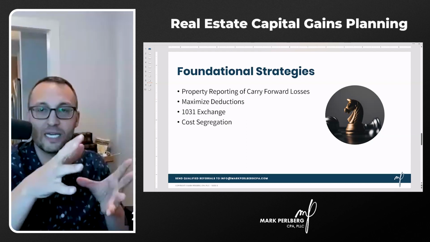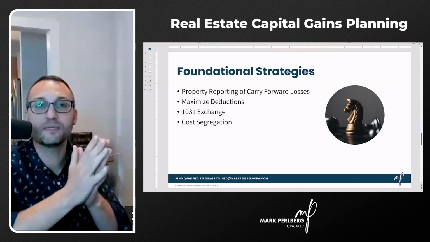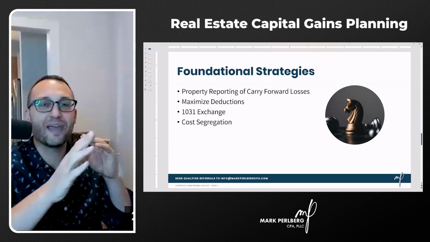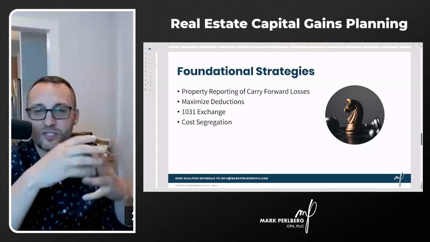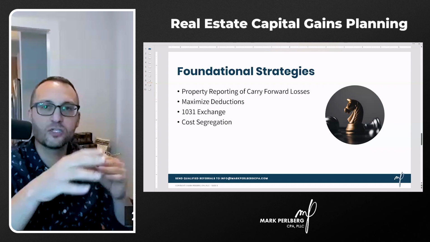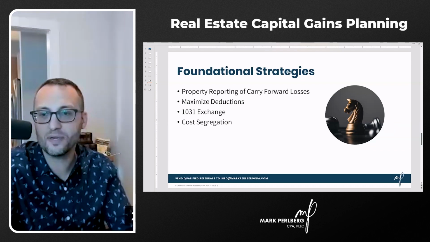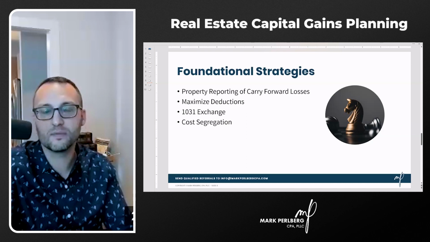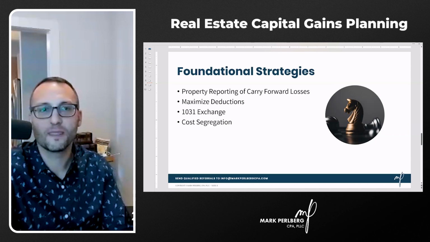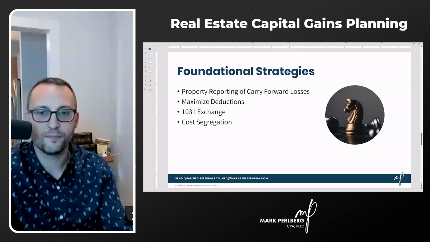And you have 180 days to buy that replacement property. And as long as that property's basis, or let me say it more simply, as long as that property costs as much or more than the property that you're selling, you're going to be able to see a deferral of the capital gains.